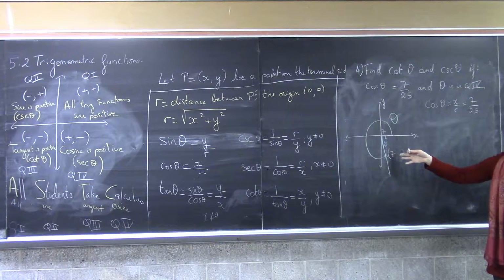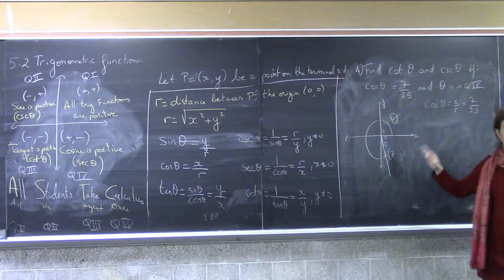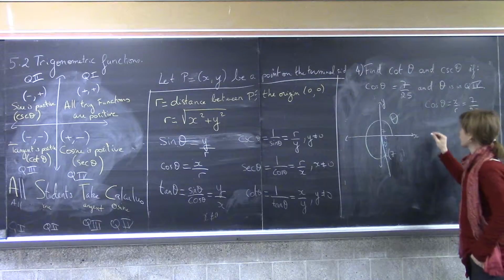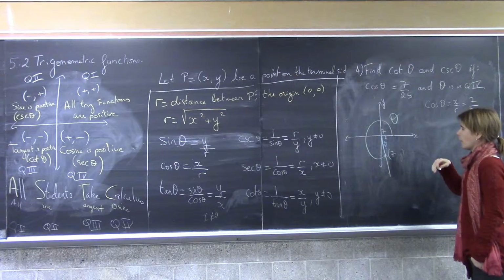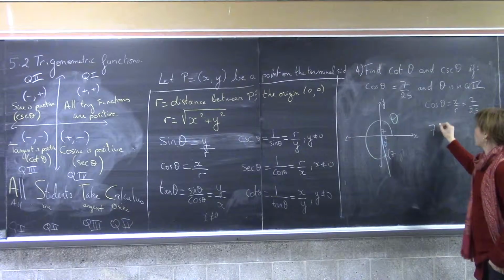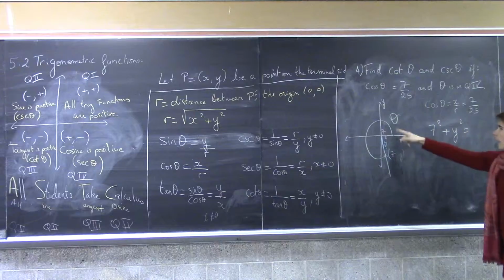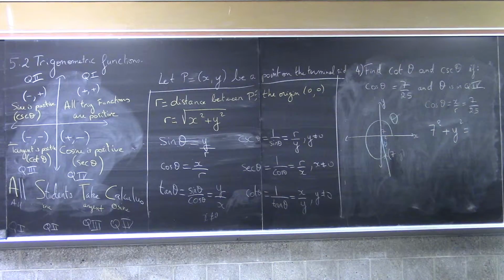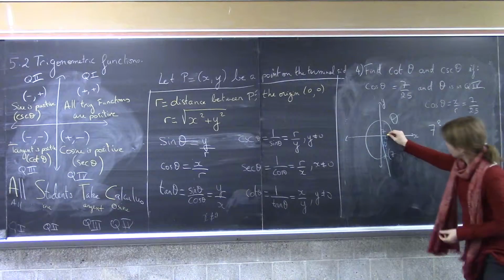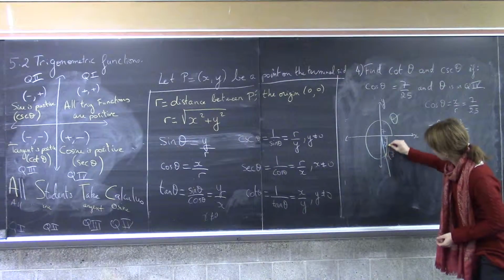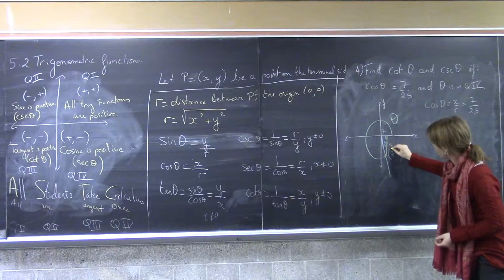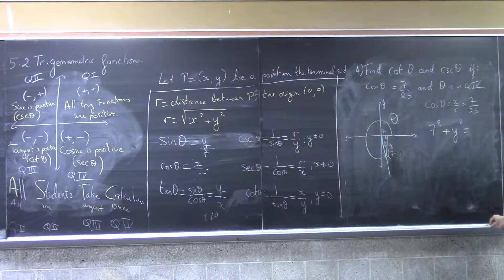7 squared plus b squared equals 25 squared. Here I use y, but you're right, you can use any variable you want. So in the Pythagorean theorem we have 7 squared plus y squared, where y is the height of my triangle, equals 25 squared, right?